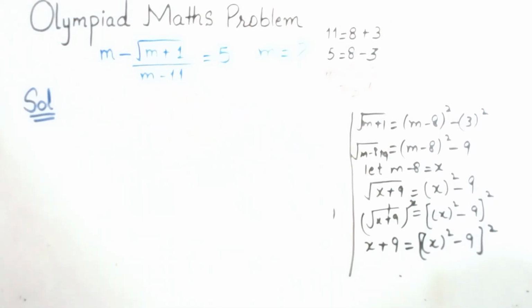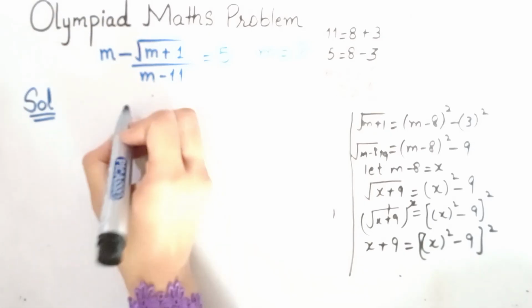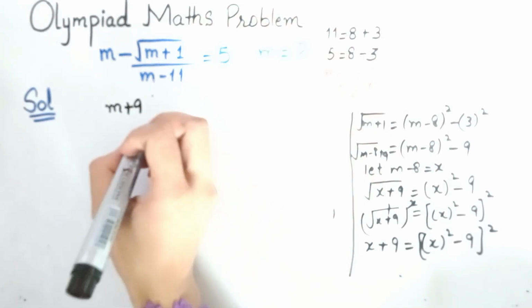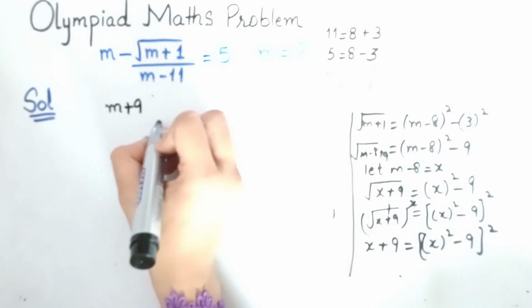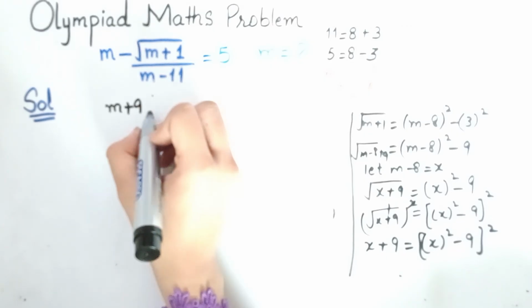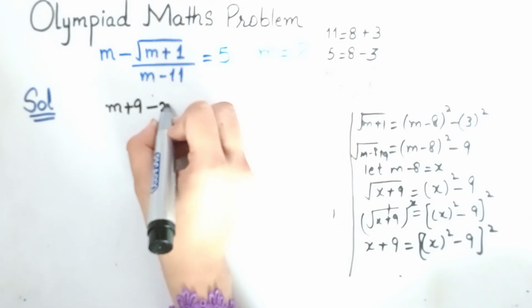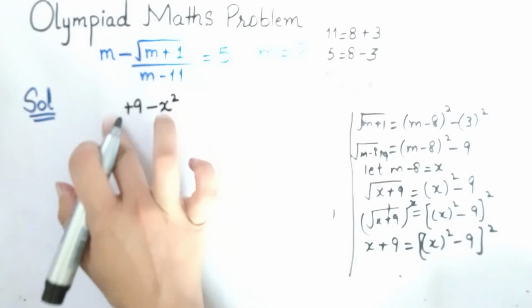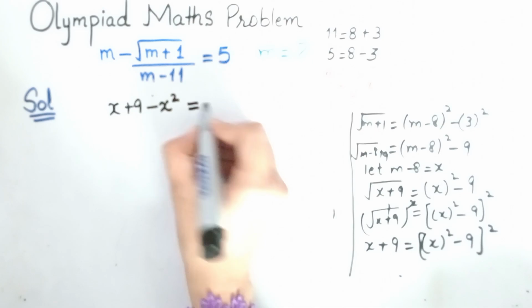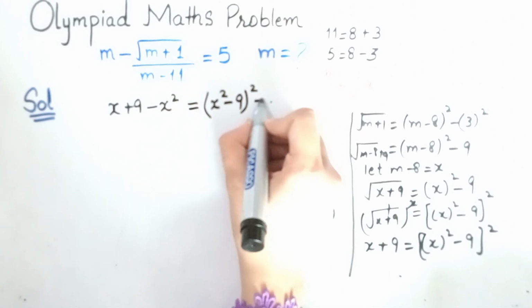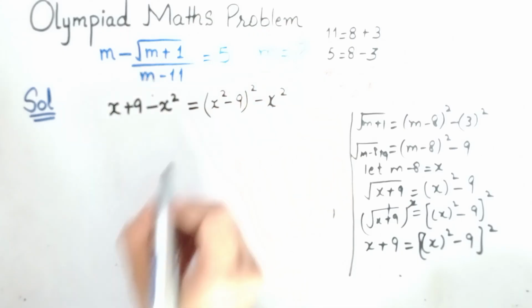On both sides we will subtract x square. So we get (x square minus 9) whole square minus x square.